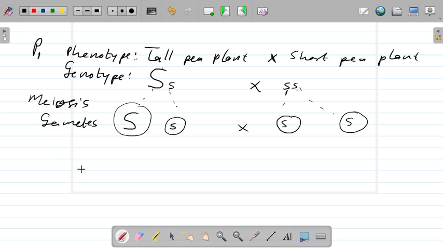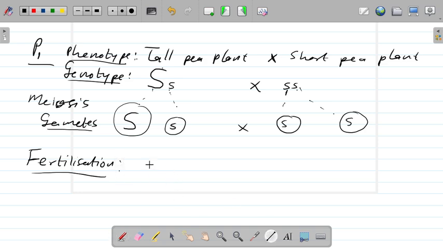Good. Then after, we do fertilization. Remember, get the marks, especially for these ones. Fertilization means you're going to draw your nice Punnett square.